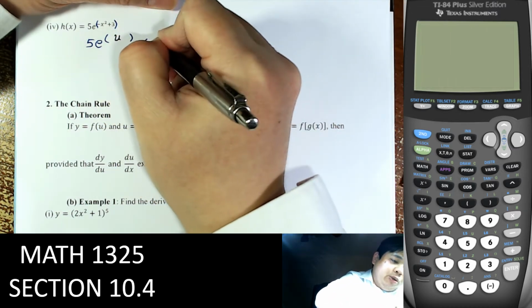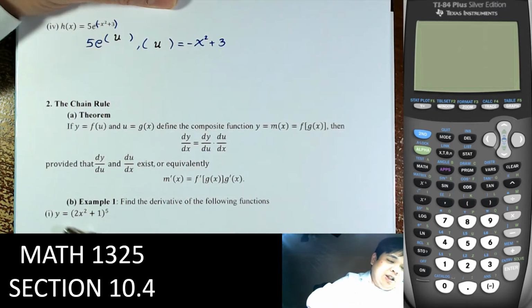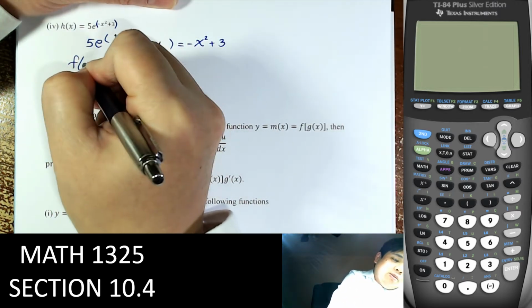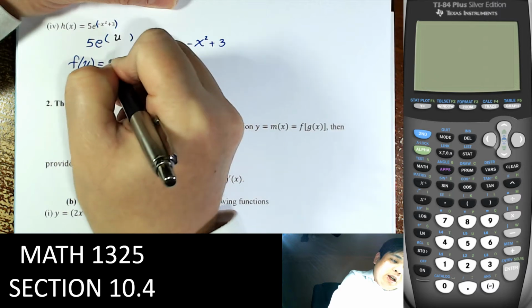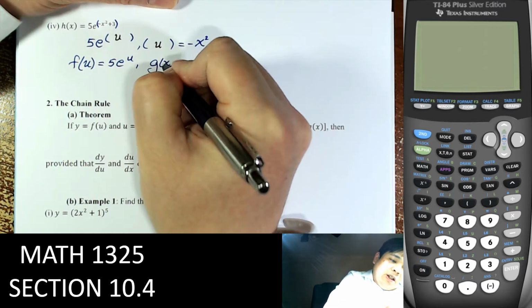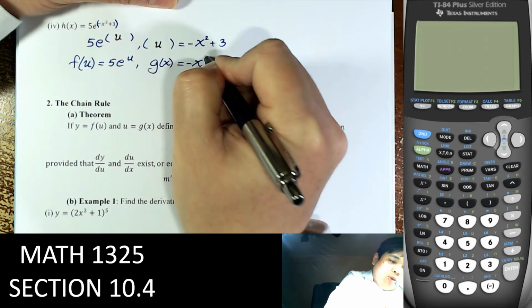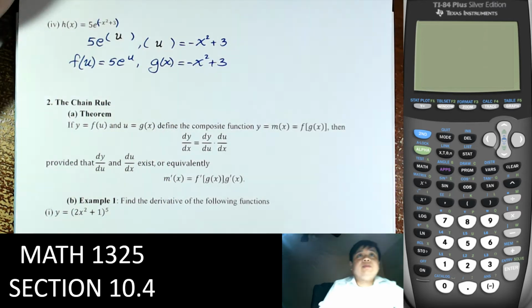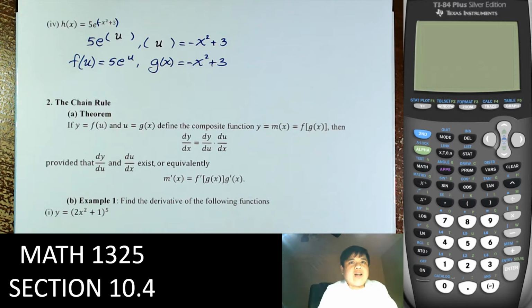So u. So our first function is 5e to the u, and the second function is negative x squared plus 3. Right, so that's how we decompose the function. Just put the parentheses around something, and then we get the second function, then the first function after that.